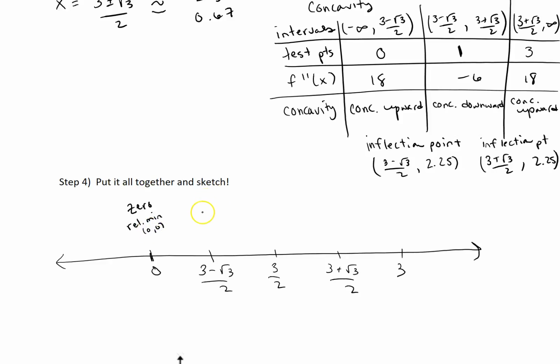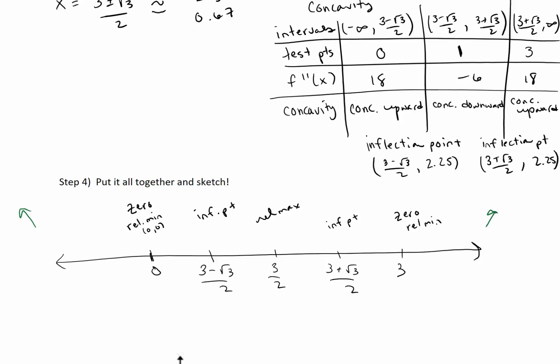We know that 3 minus square root of 3 over 2 is an inflection point. We know that 3 halves is a relative max. We know that 3 plus the square root of 3 over 2 is an inflection point. And we know that 3 is a 0 and a relative min. We know that we have end behavior that this is going up to the left and up to the right.